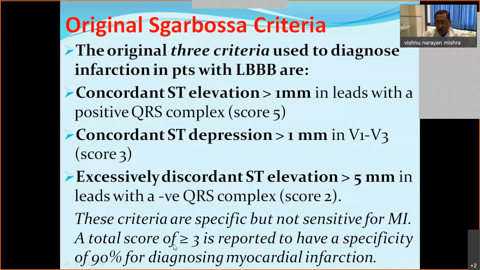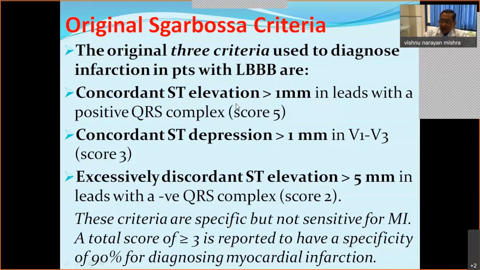A total score of equal to or more than 3 is reported to have a specificity of 90% for diagnosing myocardial infarction. So if you carefully look for these three findings, 1, 2, and 3, and the score, that is 5. If it is a score of 5, means even the solitary single finding of this 1 millimeter concordant ST elevation will be suggestive of MI in left bundle branch block.